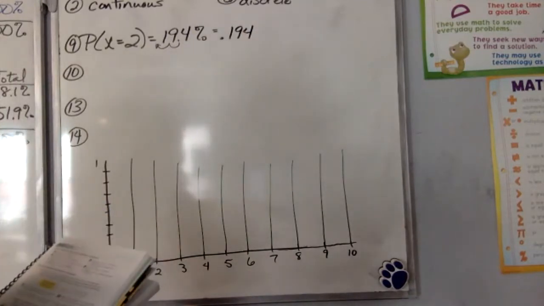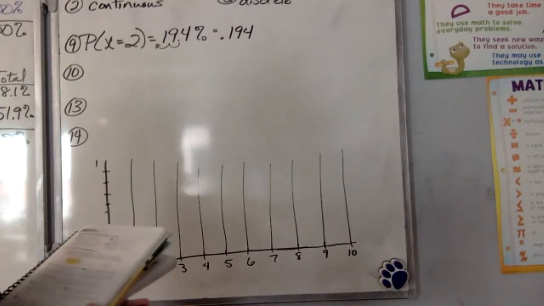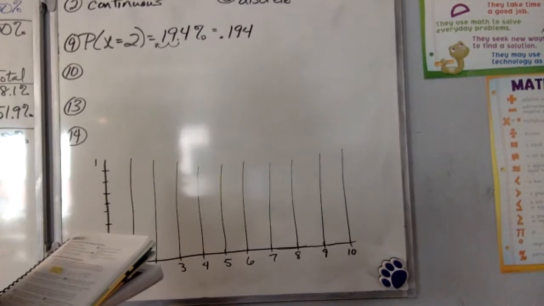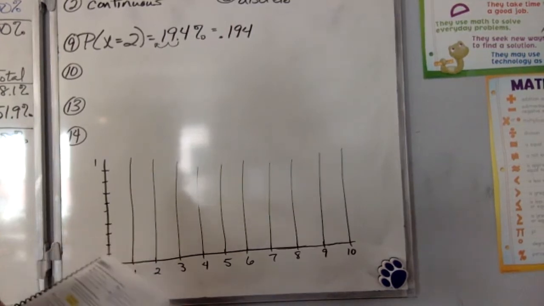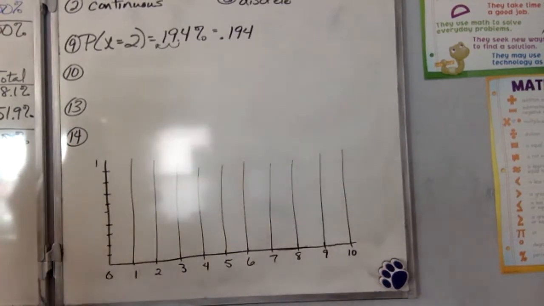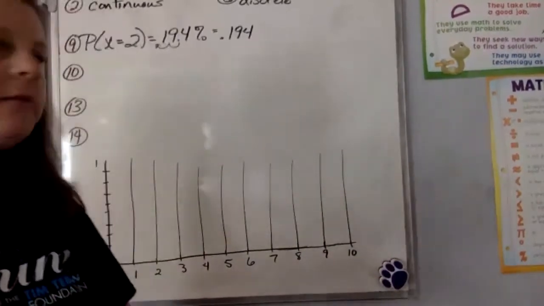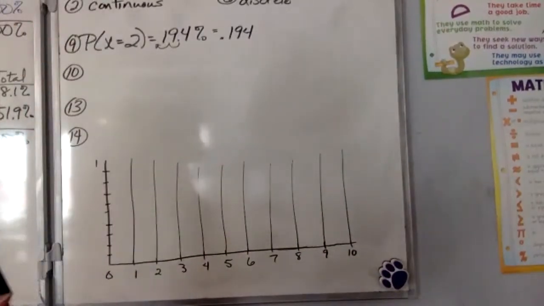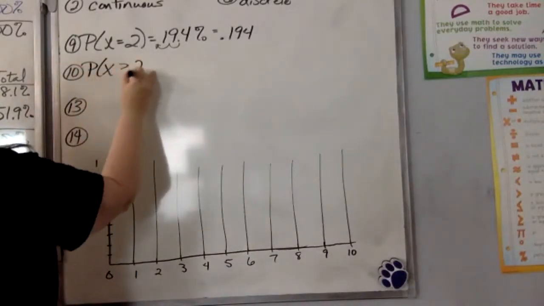Now number 10 is a little bit different. You're going to have to think a little bit more, because on number 10 it says, what is the probability that a household will have more than 2 dogs? More than 2 dogs. So does it have 2 dogs? Do we include that one? No. So we're on the probability when X is greater than 2.